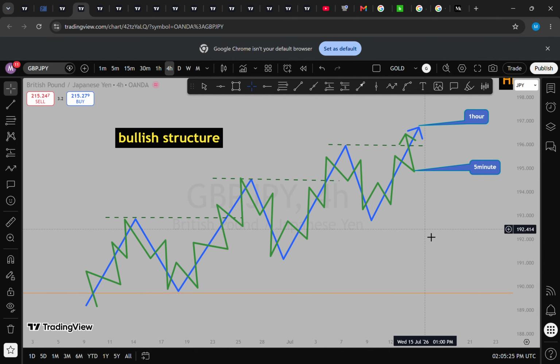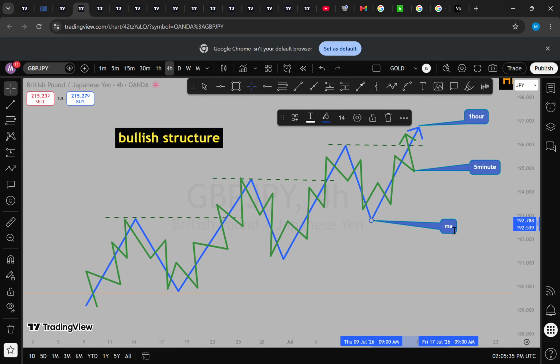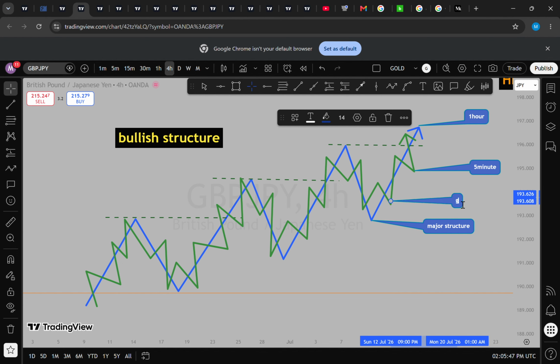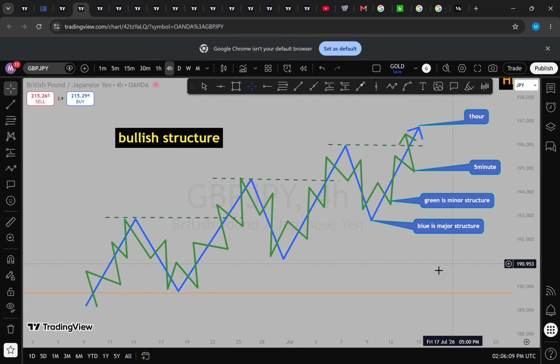The blue is the major structure, and the green is the minor structure.